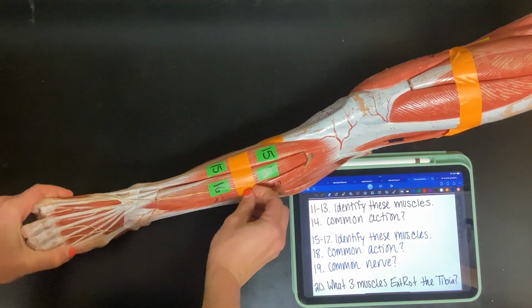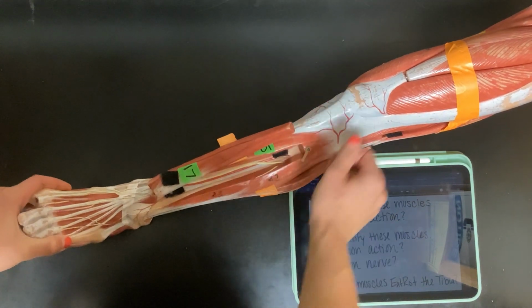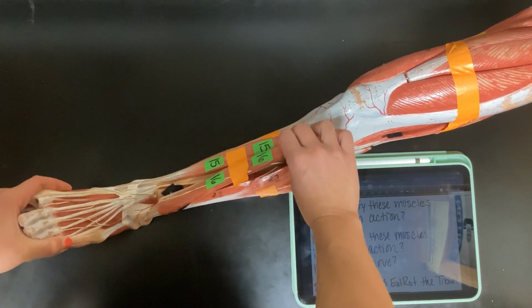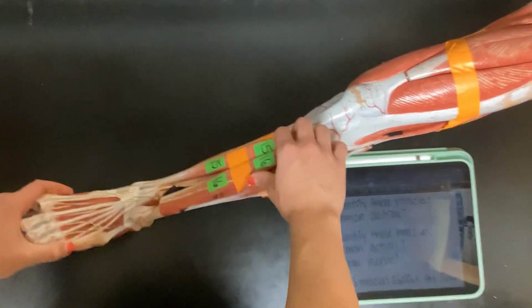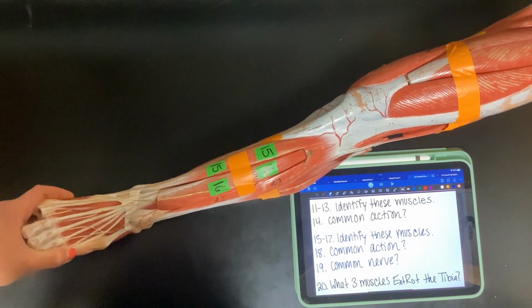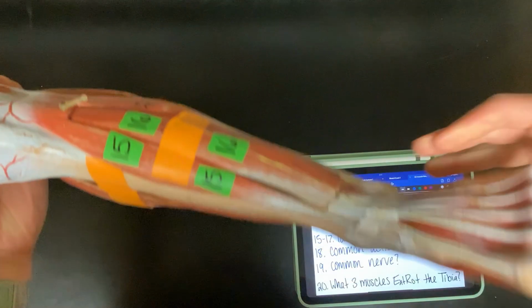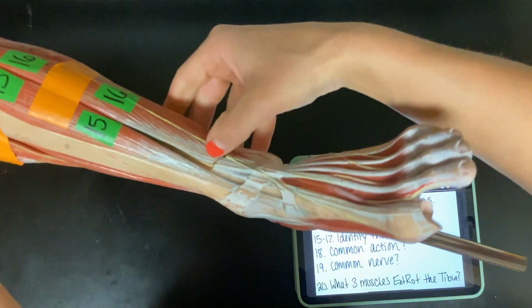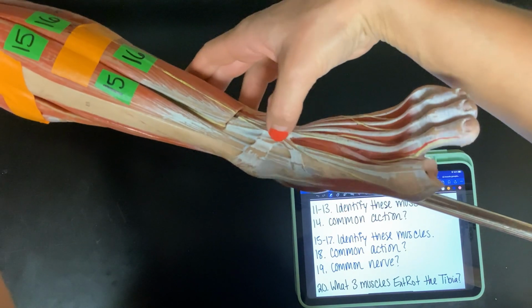And then 17 is underneath. You can also see 17. I didn't tag it because it's so small on this model specifically, but you can also see 17 right here.